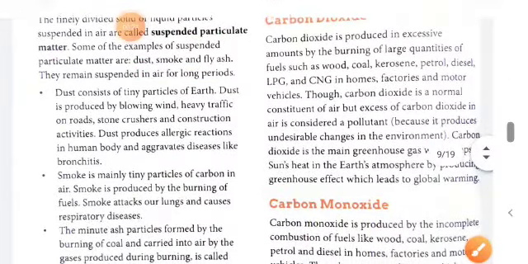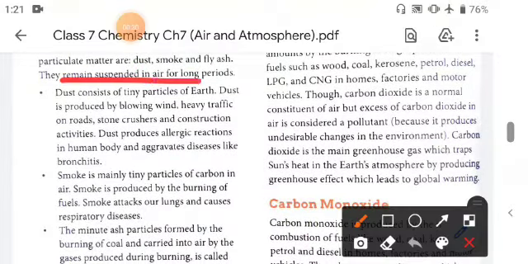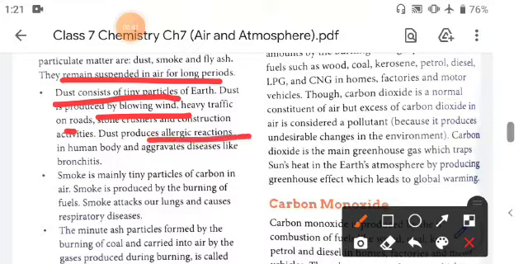They remain suspended in the air for a long time and thus consist of tiny particles of earth. Dust is produced by blowing winds and heavy traffic on roads, and here dust produces allergic reactions in the human body and aggravates diseases like bronchitis.